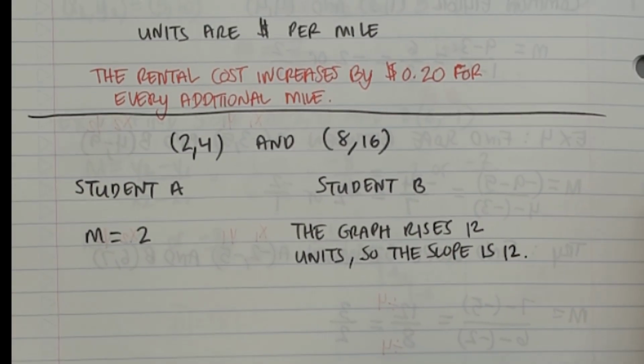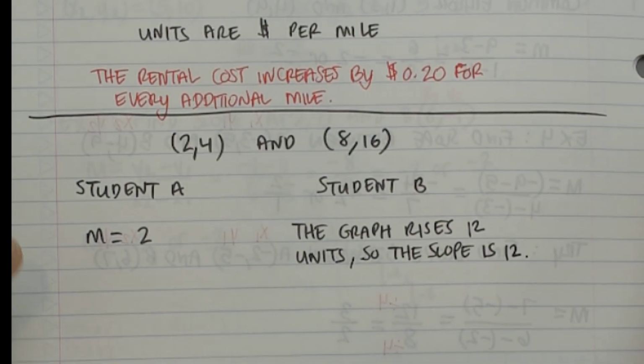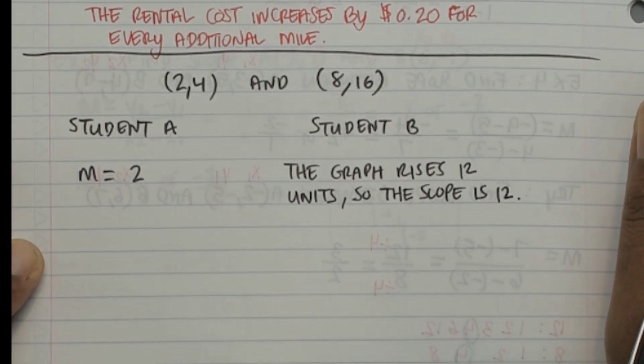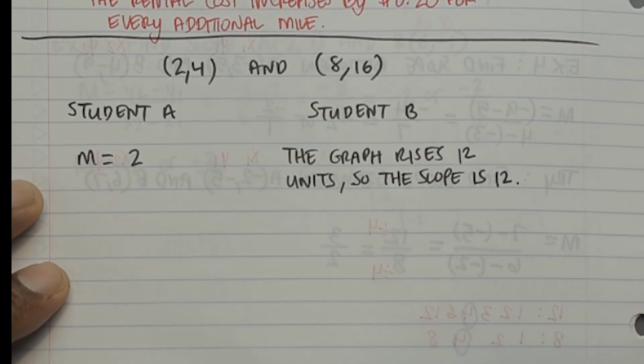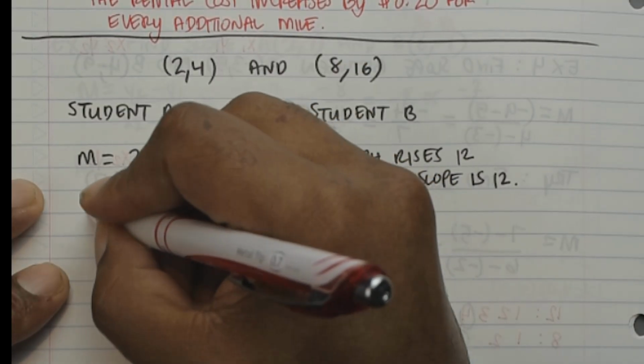Okay. Who is correct and why? Well, student A is the correct one. Okay.